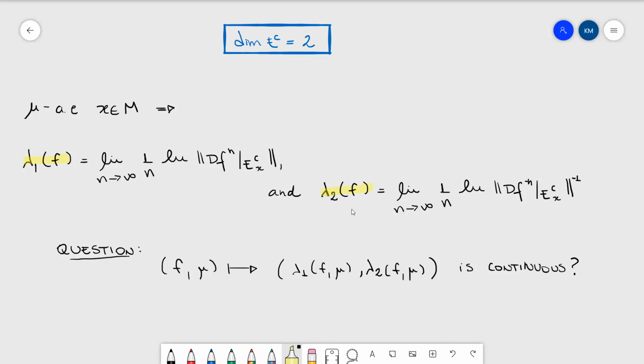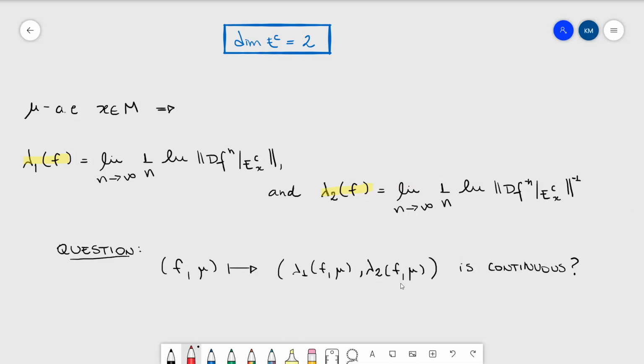And just to be clear, the question that I'm going to try to answer is whether this function here is continuous or not. Since I'm restricting myself to center dimension 2, I'm going to work only with two numbers, not necessarily different, given by the center Lyapunov exponents. Of course, the question makes sense perturbing the diffeo and the measure.